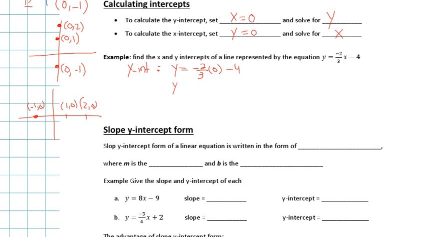Negative 2 over 3 times 0 is 0, right? Anything multiplied by 0 is 0, and I have negative 4 left. So y equals negative 4. The y-intercept is negative 4.